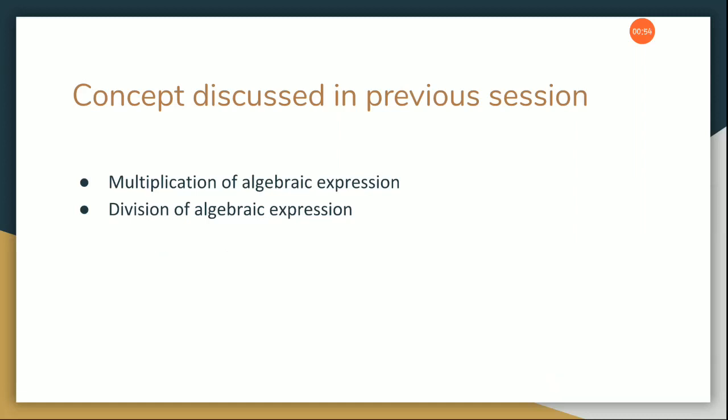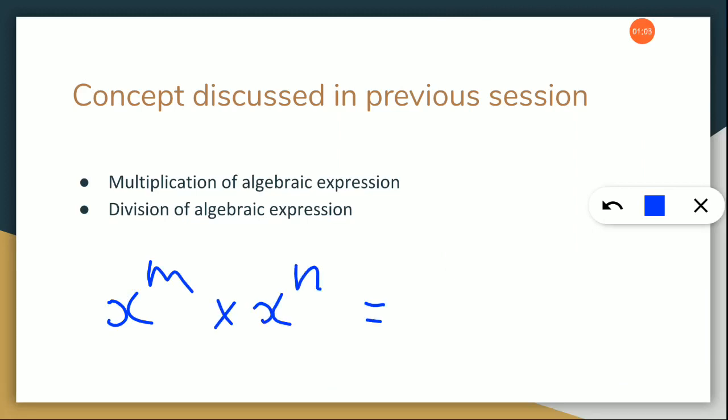And one more rule. When it is in the product, suppose x power m into x power n, what will we do with the powers? We have to check whether it is the same base, and then when it is given as multiplication, the powers will be added. Okay?